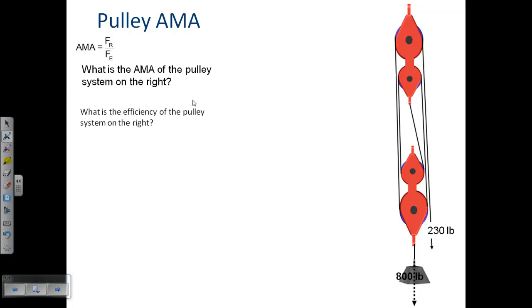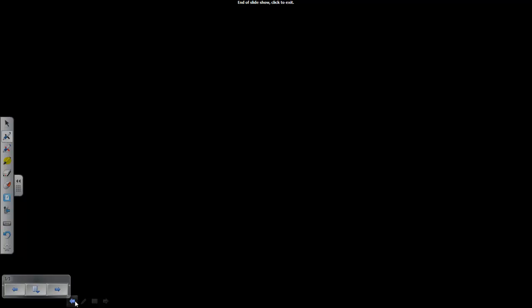And then what is the efficiency? So I had 3.48 of AMA. The ideal mechanical advantage was what? 1, 2, 3, 4 strands. So IMA was 4. So how do you find efficiency? Whoops, it needs to go back.